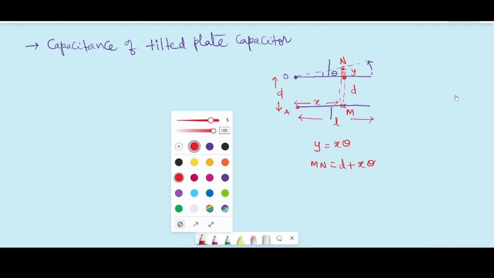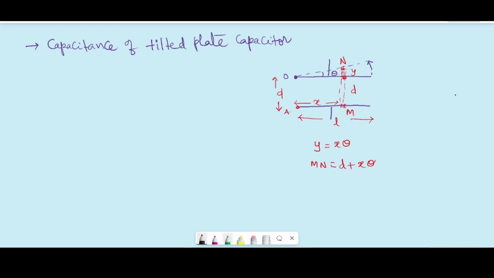So let us write the equation for capacitance. For an elemental capacitor at distance x, that elemental capacitance dC we can write as epsilon naught times area by distance. What is the area? The width of the plate is b, and the thickness we take is dx.